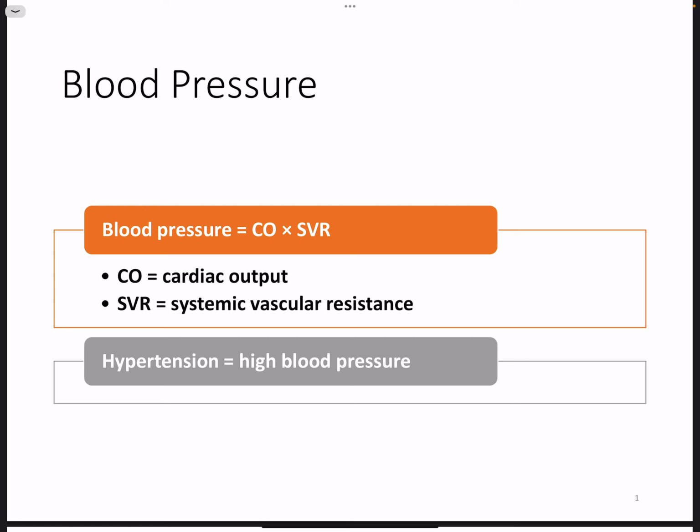Which 4? 2 on the right, 2 on the left. Right atrium, then right ventricle, and then left atrium, and then left ventricle. Good. 4 chambers in the heart.